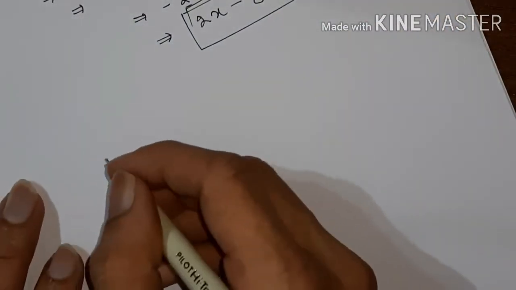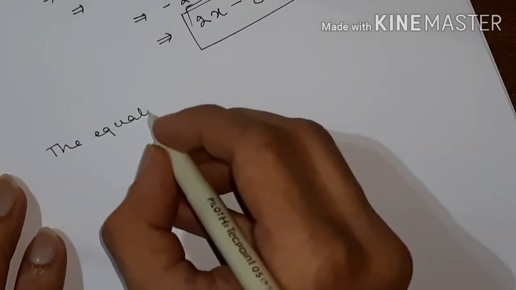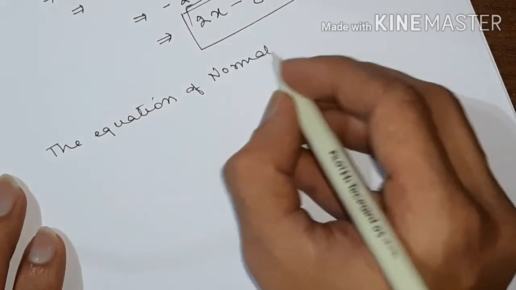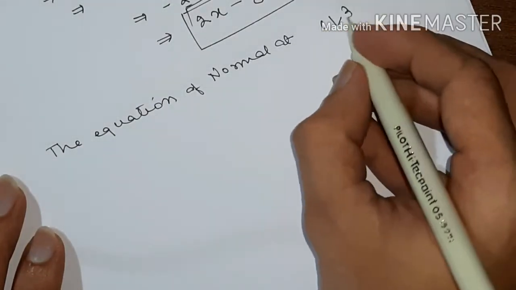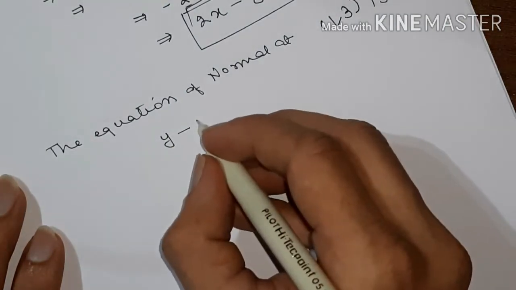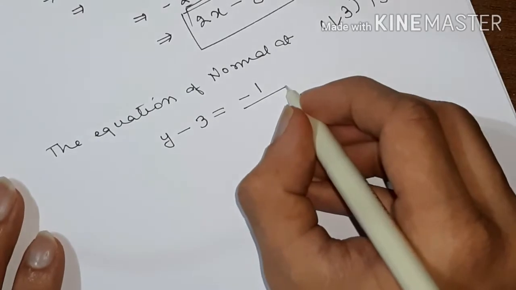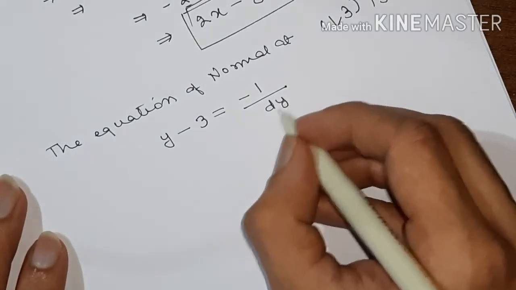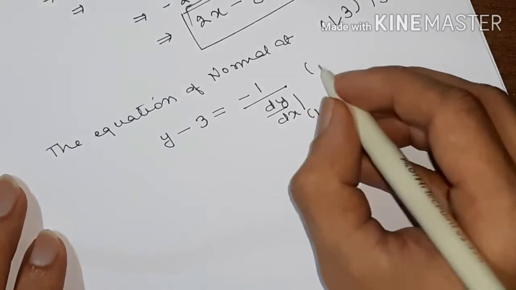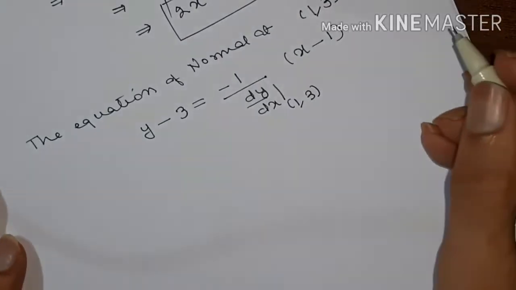Now let us find the equation of the normal. So the equation of normal at (1, 3) is what? y minus 3 is equal to minus 1 divided by dy/dx at the point (1, 3), multiplied by x minus x naught, that is 1.